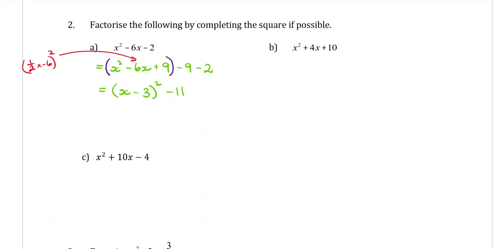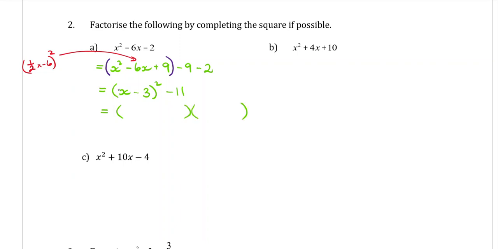What we have here is a difference of 2 squares. We have a bracket squared minus something else, which is not ideal. We can't square root 11 nicely, but we can put it in surd form, and we can do a difference of 2 squares with this. So to finish it off, we're going to factorize this into 2 big brackets.